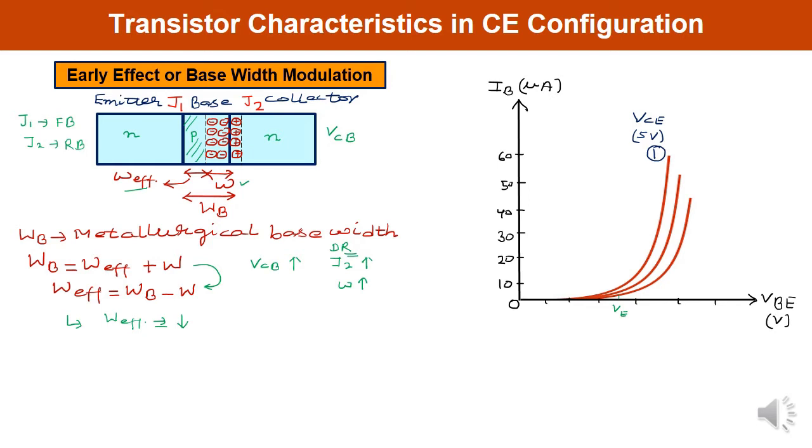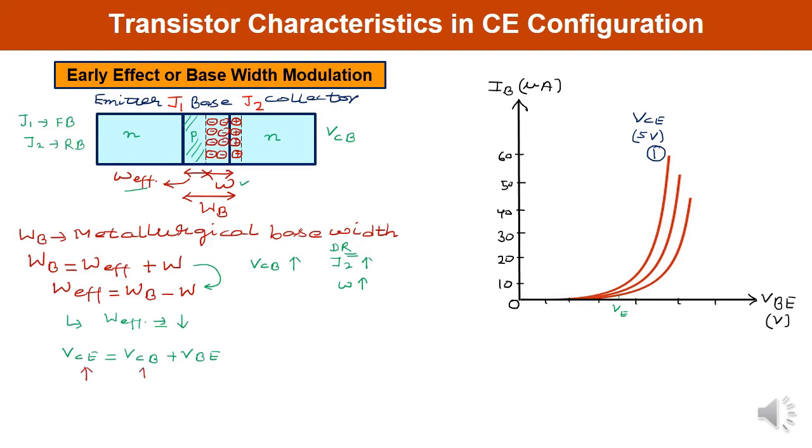At the same time, you know there is a relationship, VCE can be written as VCB plus VBE. You know this particular equation very well. And here if you increase VCE, what will happen?